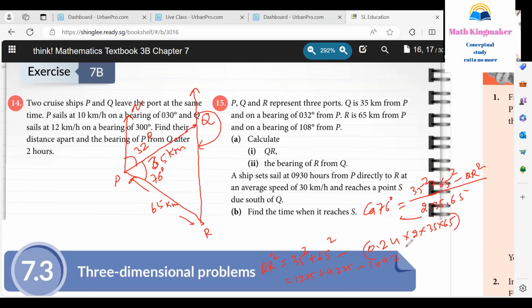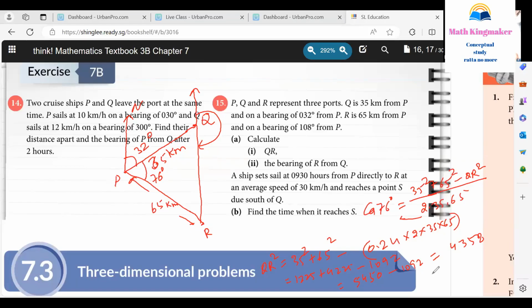So 1225 plus 4225 is 4550, minus 1092 is 3458. Now we will take the square root.